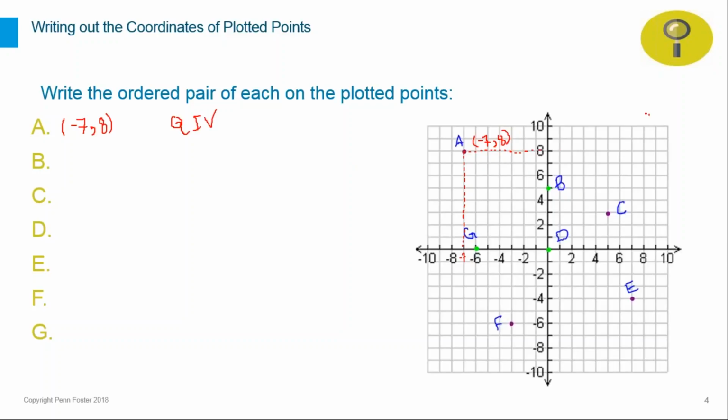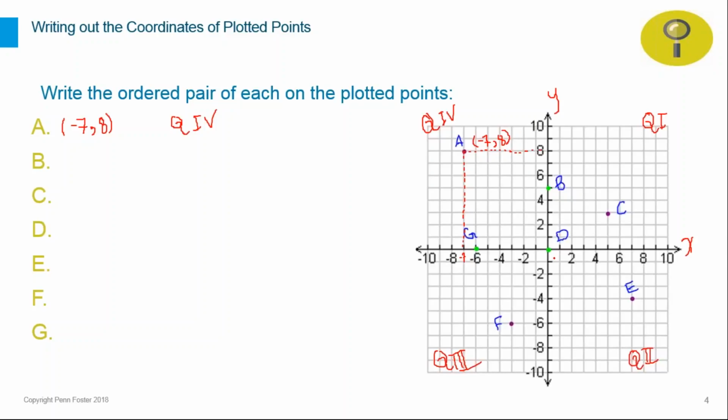Let's label them and also make note of which quadrant as we work on each of the points, and that is 3 and that is 4, and that's the y-axis, and that is the x-axis. Okay, B, the point is right on the y-axis, so I'm expecting either the y or the x coordinate to be a 0.